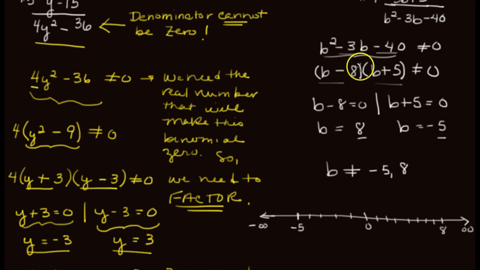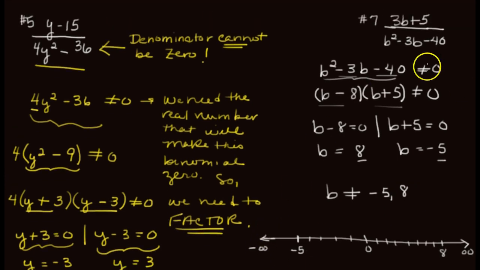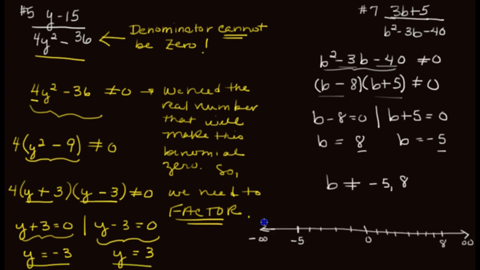So our domain for this particular rational function is going to be from negative infinity to negative 5, and from negative 5 all the way up through positive 8, and from positive 8 all the way out to positive infinity.